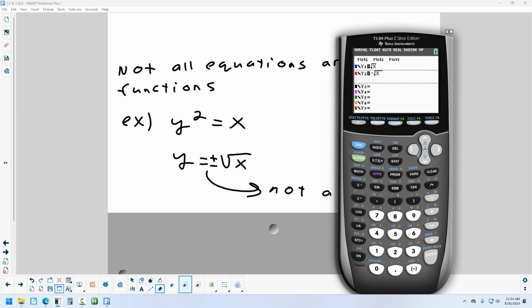If I type in y equals, I can't do plus or minus square root of x on the same line. I have to do it on 2 different lines on the calculator.